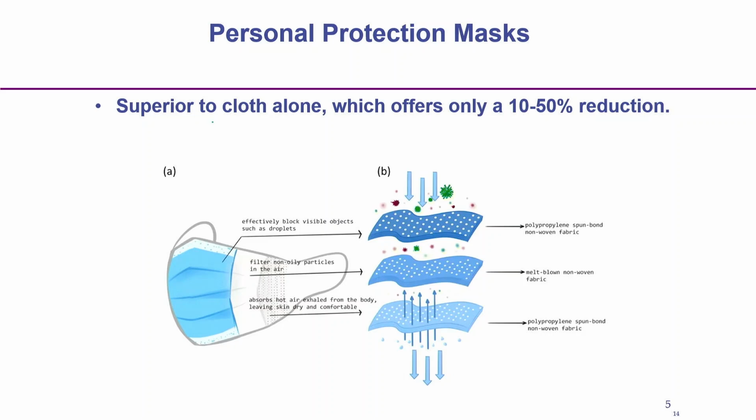It is superior to cloth alone. Sometimes, in earlier days and also nowadays, we try to use cloth, a single layer cloth, but here it is superior, since cloth offers only 10 to 50% reduction.